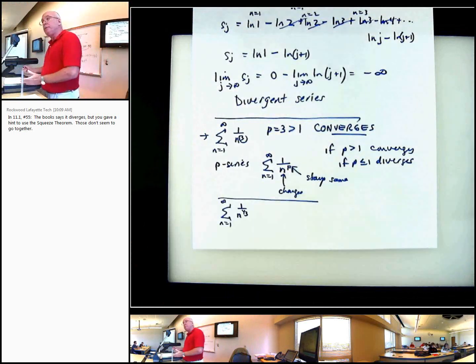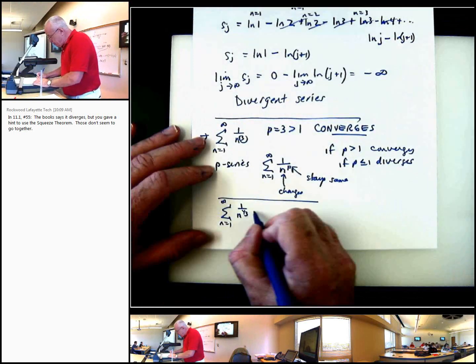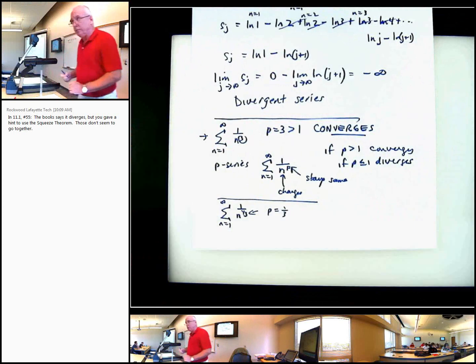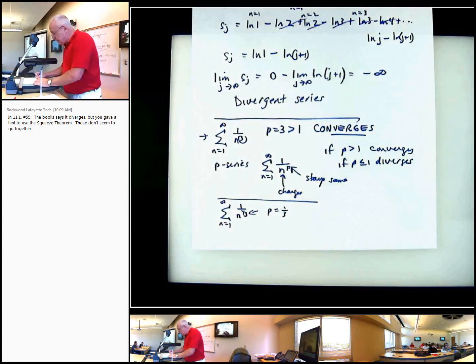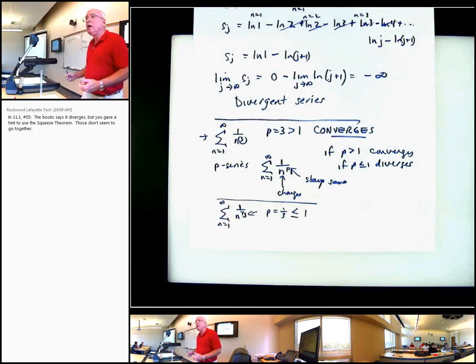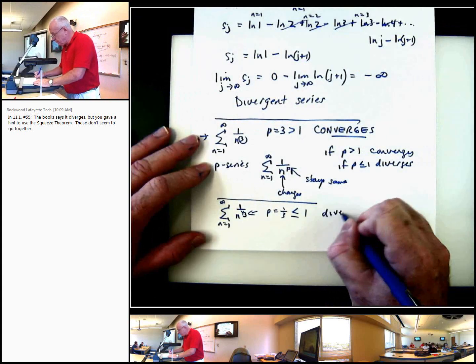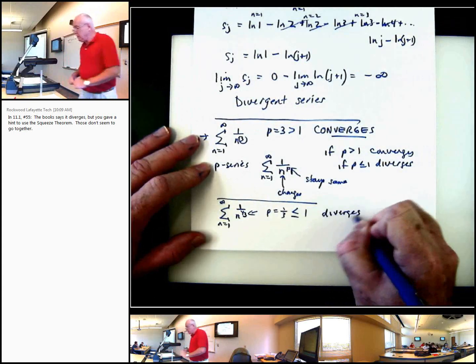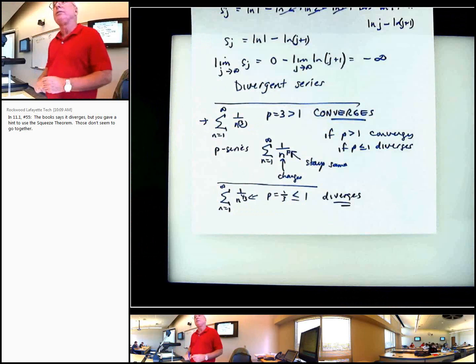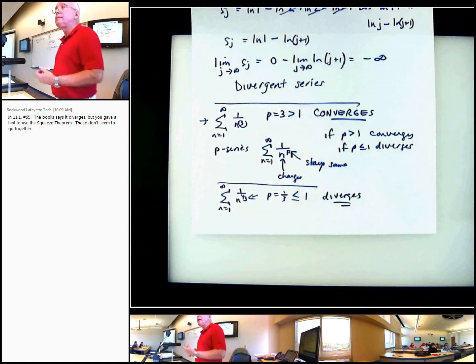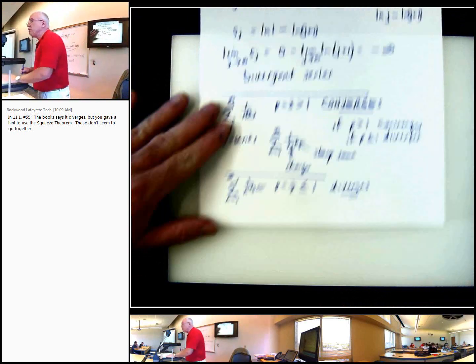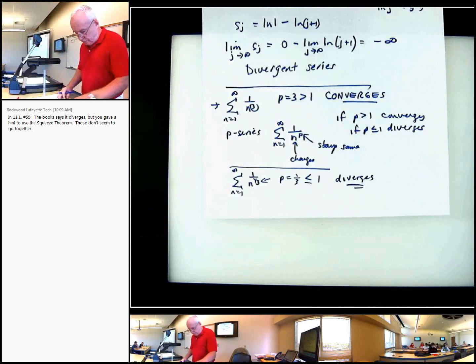This again is a p-series. Here p is equal to 1/3, which is less than or equal to 1, so we know that it diverges. Once we identify whether it's a p-series or not, we look at the exponent and determine whether it converges or diverges.